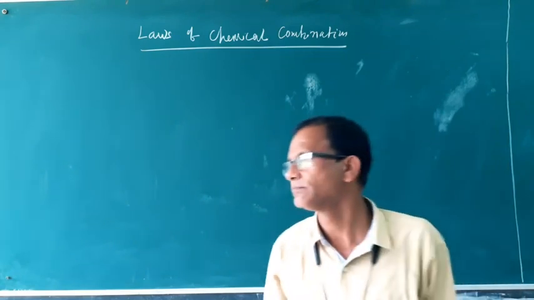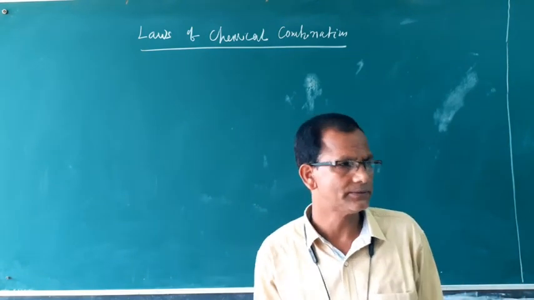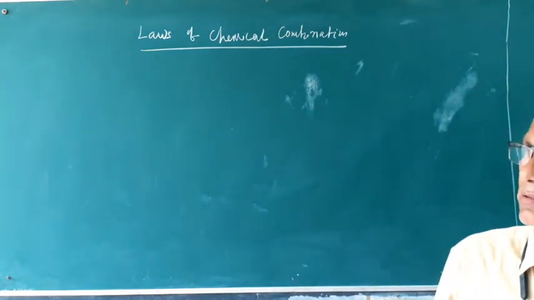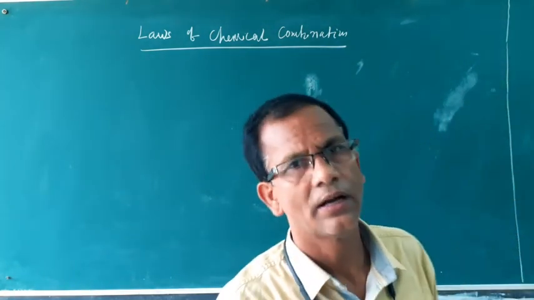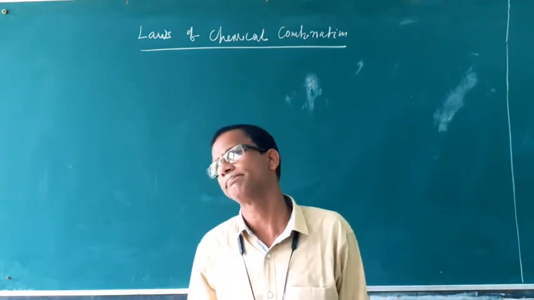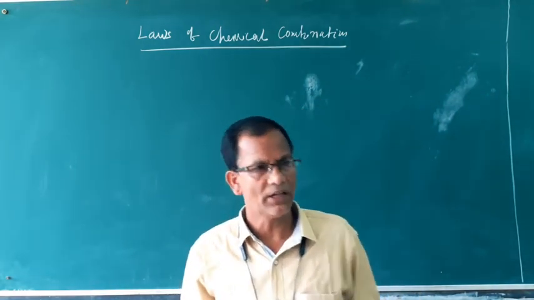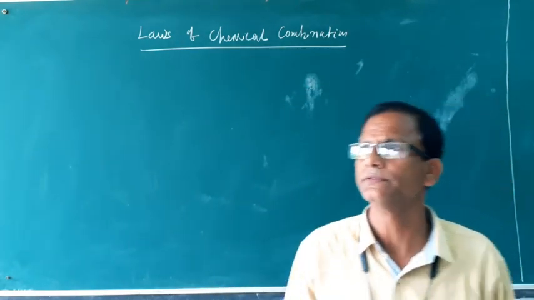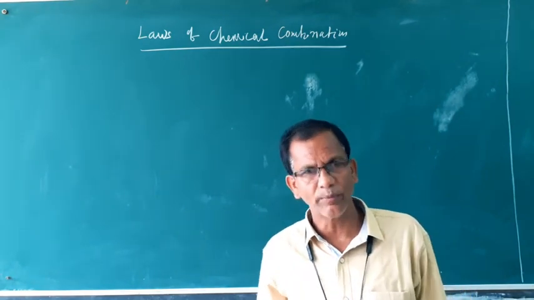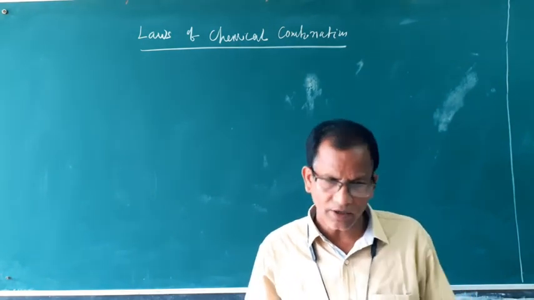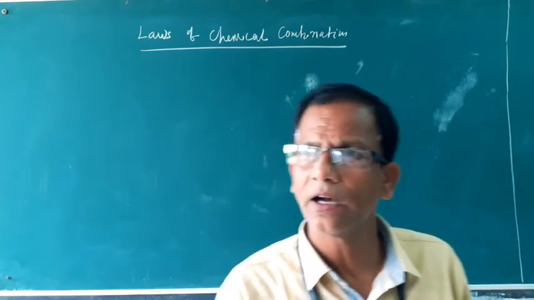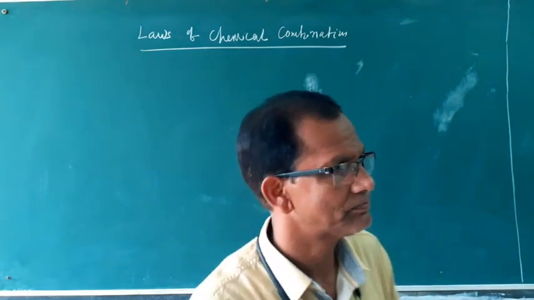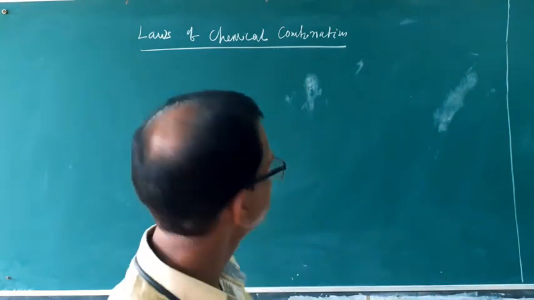If you see, many things are happening around us. Some are physical changes, some are chemical changes. Particularly, chemical changes mean reactants combining to form products. This combination occurs between the reactants, forming the products.